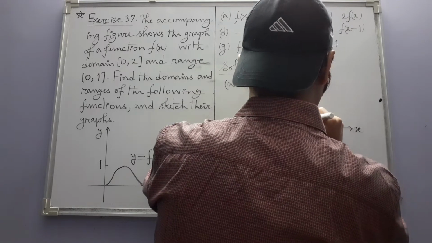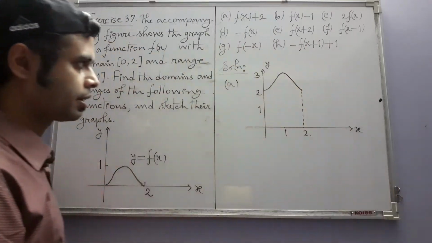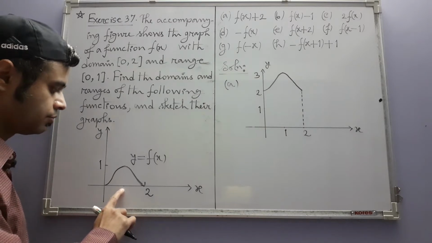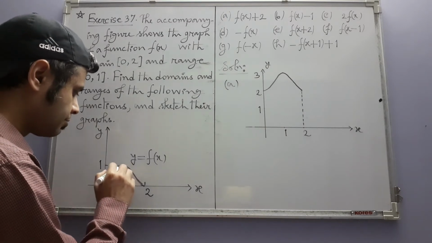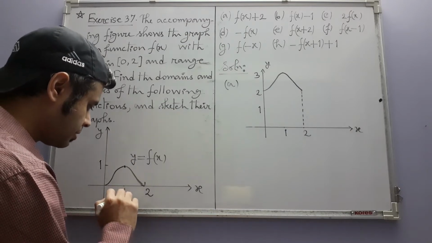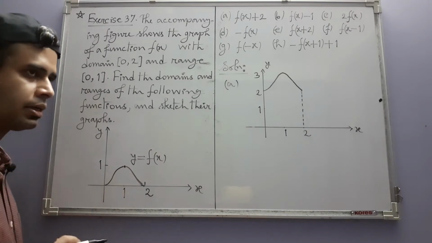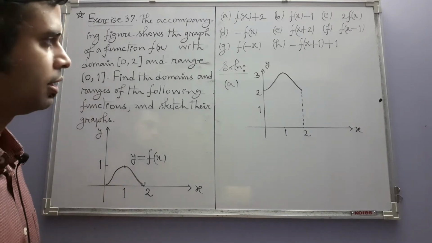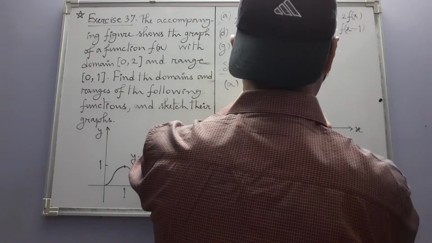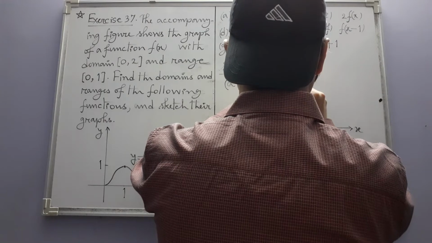This point lies on the line x equal to 2, and from the original graph we can see that the graph gets its peak at the point x equal to 1. So this peak point had the coordinates 1, 1, and now that peak point has coordinates 1, 3.